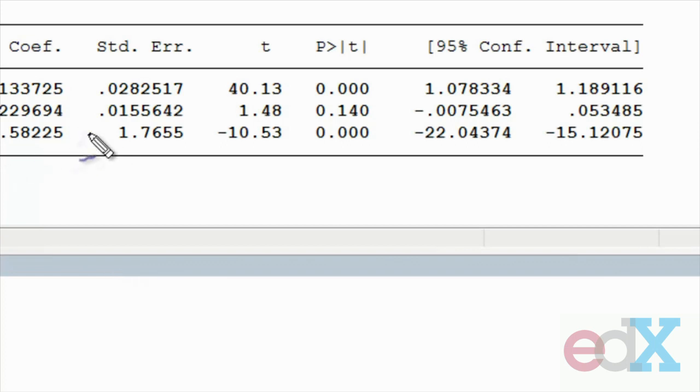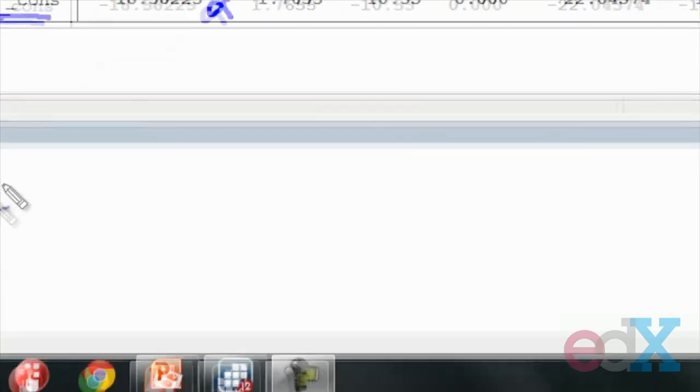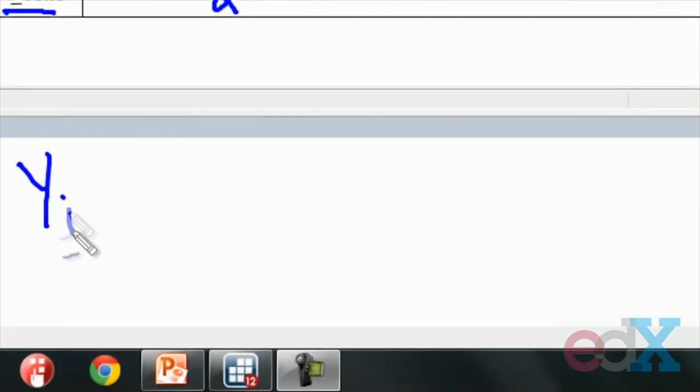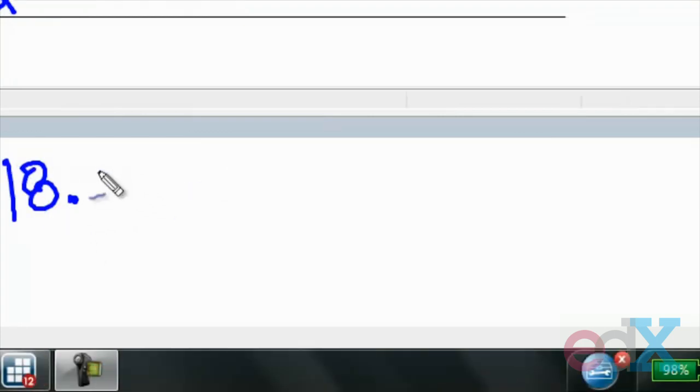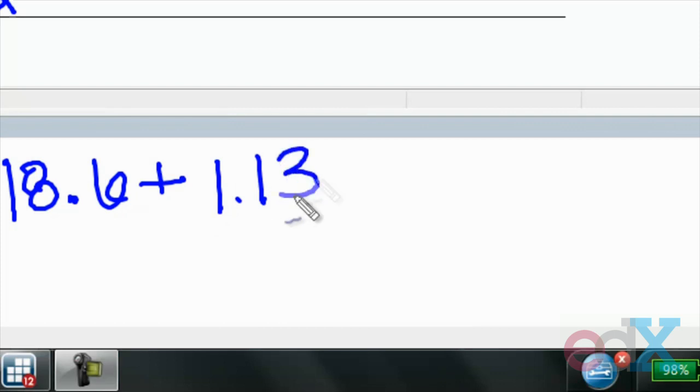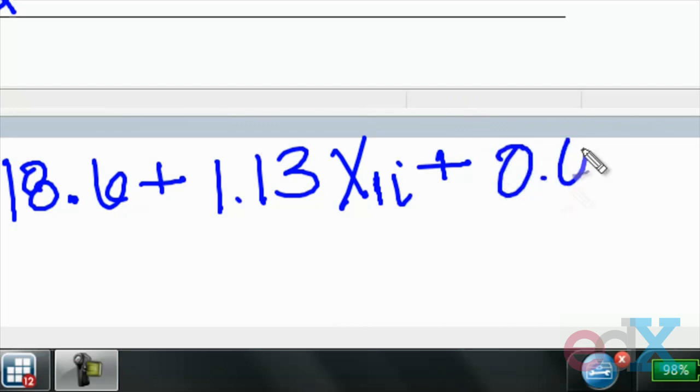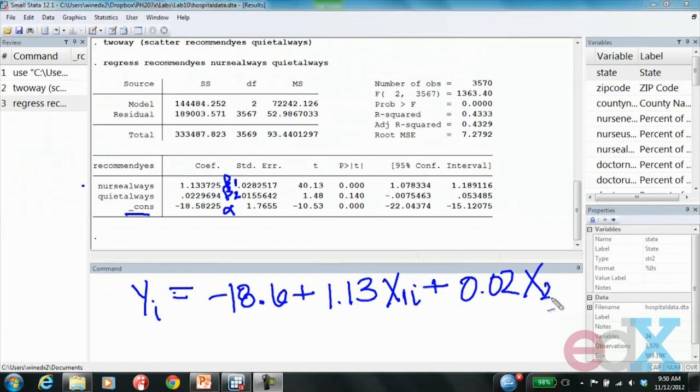The constant corresponds to alpha. Nurse always is going to be beta 1 and quiet always is beta 2. So I can write down my fitted regression model as yi is equal to alpha, or negative 18.6, plus beta 1, 1.13 times x1, plus beta 2, 0.02 times x2, plus some residual error.